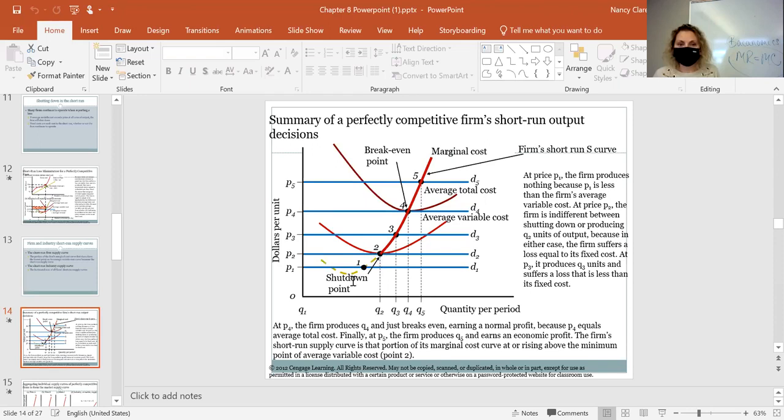You are not willing to supply down here. Is this part of your MC? Yeah. Your MC is the whole check mark. But your firm supply curve is 0.2 and up, tracing your marginal cost curve. Okay, any questions about that?